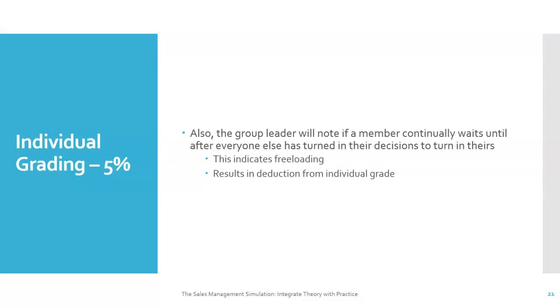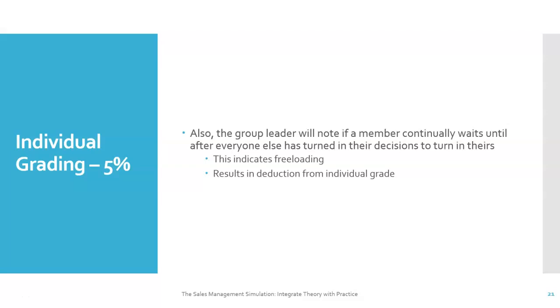So it's you working on your own, coming up with what you think the decision should be, so that then your group can get together and everyone can contribute into the overall decision. So you can change your decision individually or as a group up until I run the simulation.